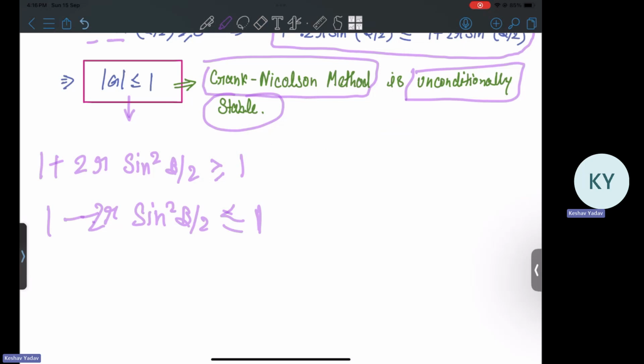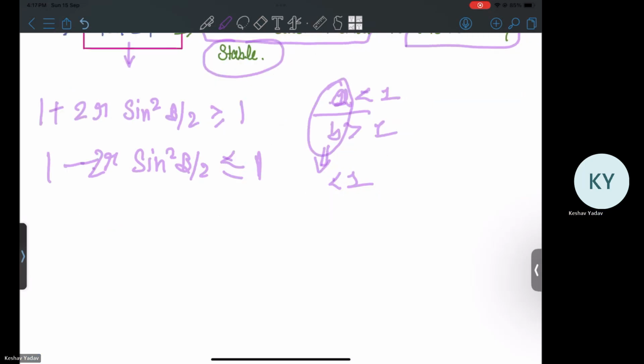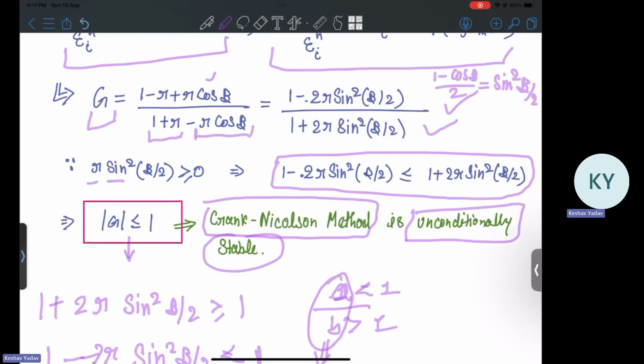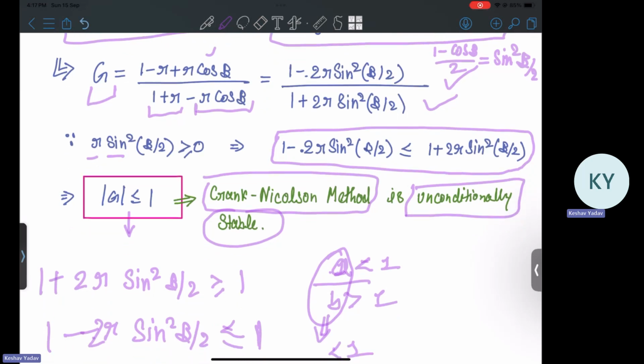Greater than 1. So if you divide some number a that is less than 1 by some number b that is greater than 1, this will always lead to a number that is less than 1. Okay, so this is what has been covered in week 8. Okay, now we'll see some problems.